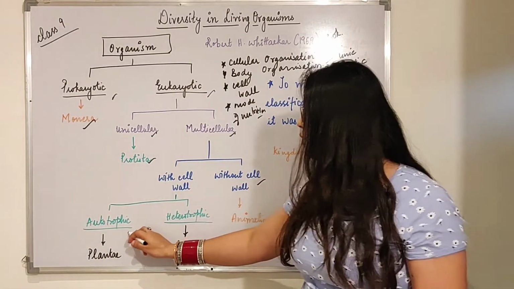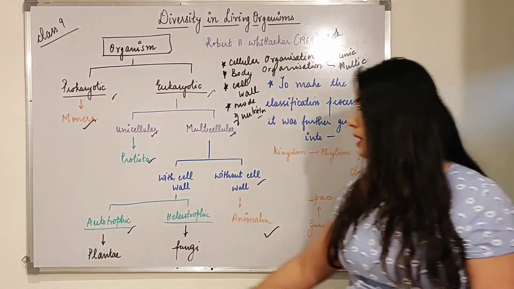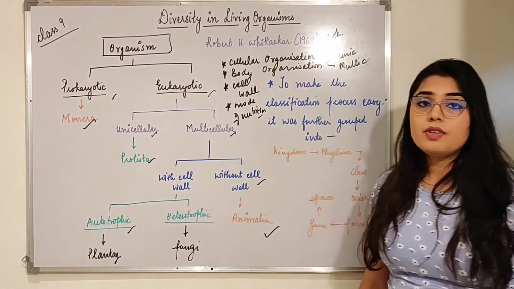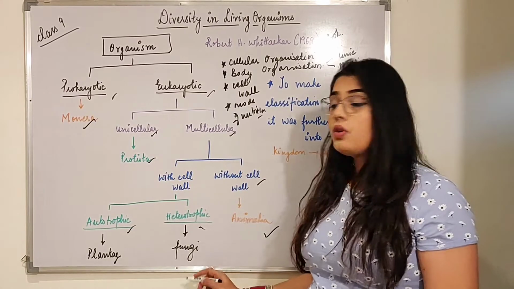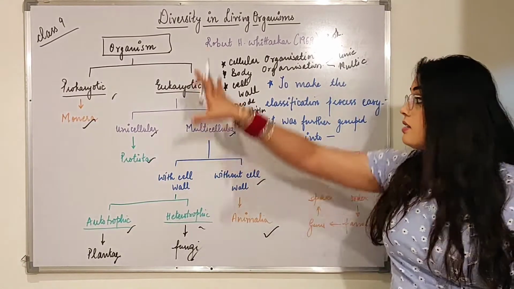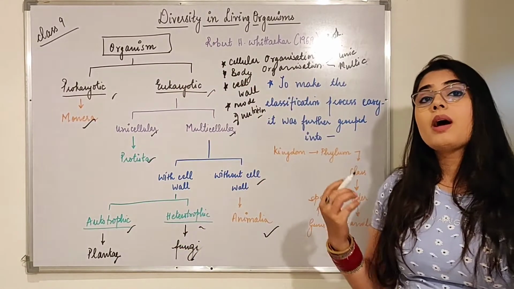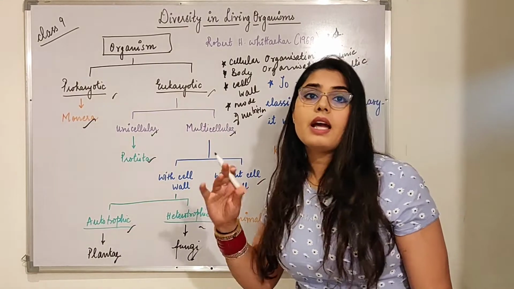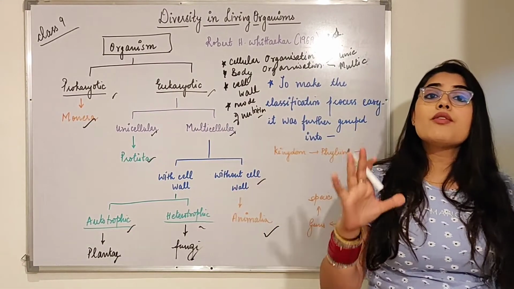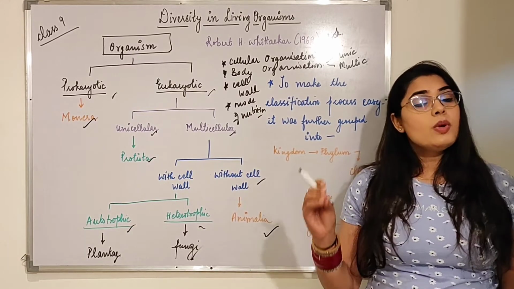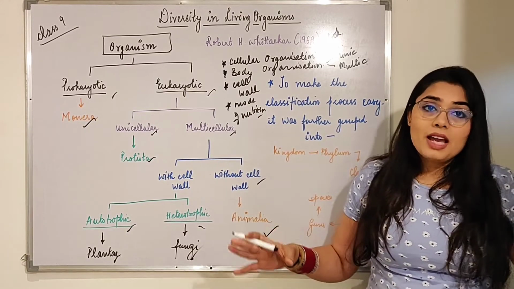If it makes its own food and has photosynthetic pigments, it comes in the category of Plantae. And if it is heterotrophic, that means it is dependent on others for food, it is Fungi. This is the whole chart that was given by Robert H. Whittaker in 1969 to classify organisms into the five kingdom classification, which became a hit worldwide.